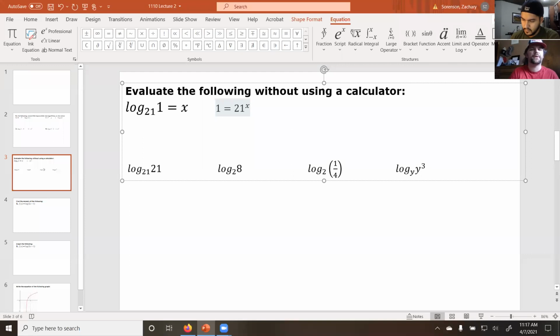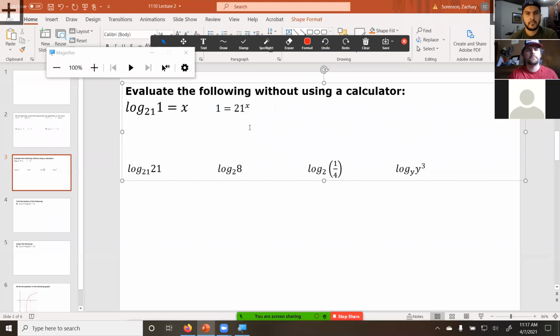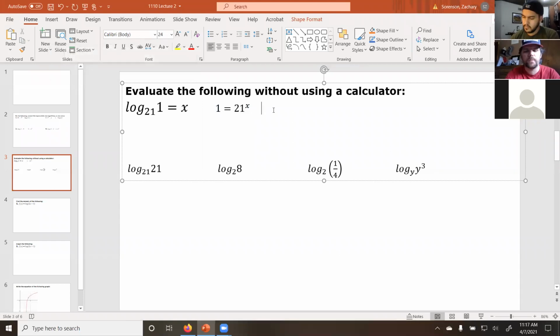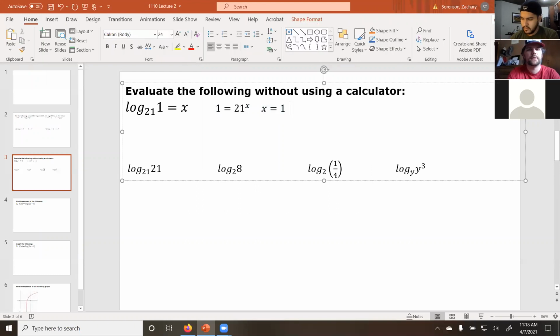Does anyone know what power that is? 0. Yep. Anything to the 0 power gets me back 1. And so I know that x is equal to 0.